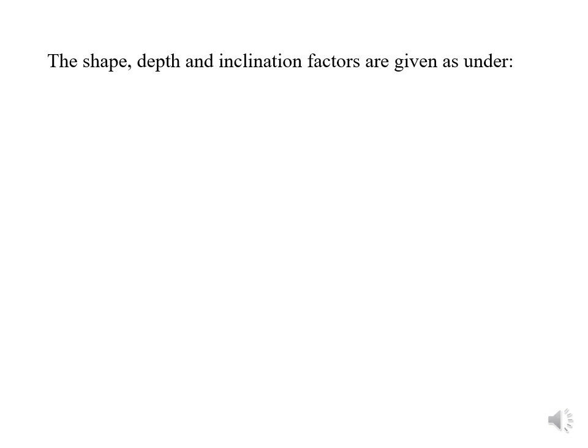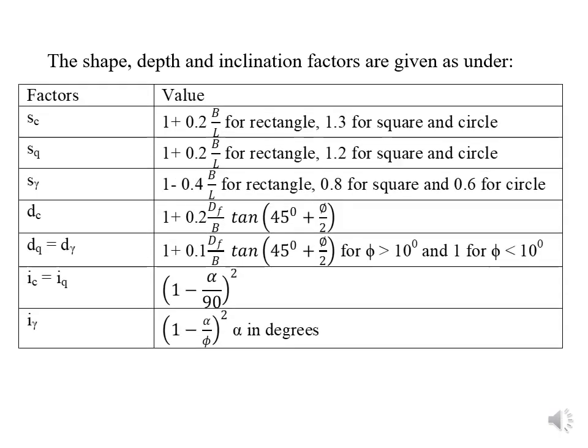Now you can see here the shape factor, depth factor and inclination factor. In the IS code formula, we can calculate them by using this table. SC is equal to 1 plus 0.2 B by L for a rectangle. We can take directly the value of 1.3 for square and circular footing for SC.